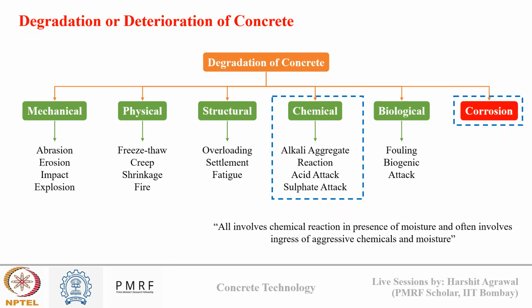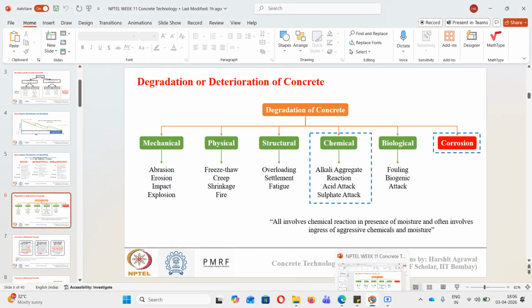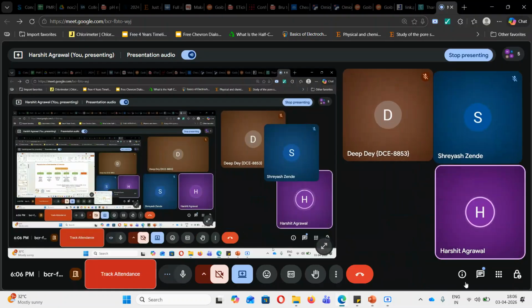We talked about acid attack, alkali aggregate reaction, and we also discussed freeze thaw action. And we saw what the remedial measures are for each of these attacks. So this was the content that we covered till the last session.